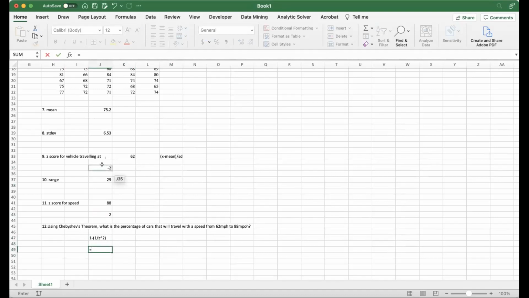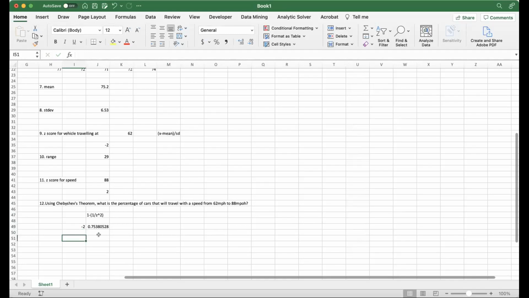Our z-score value is -2. So we're going to do 1 minus 1 divided by, I'm just going to cell reference because I think that's easiest. There we go. So we get 0.75, so 75%. So this was using -2.